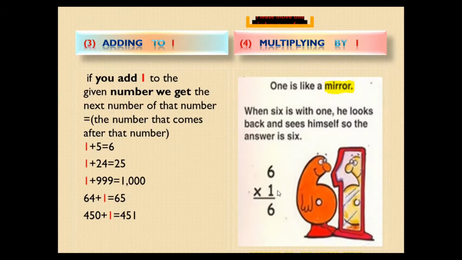When we multiply 6 by 1, we get the result 6, as 6 can see itself in the mirror, which is number 1. 6 by 1, 6. 7 by 1, 7. 100 by 1, 100. So number 1 plays the role of a mirror.